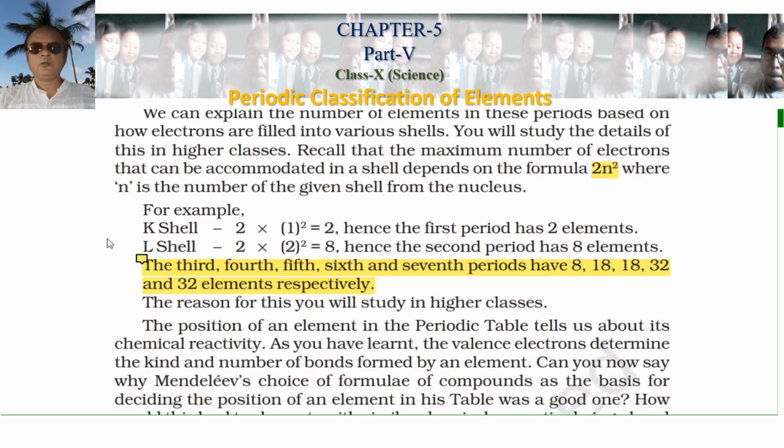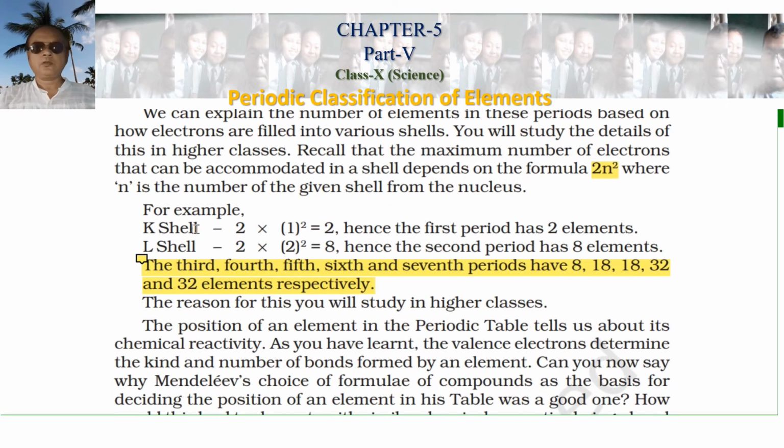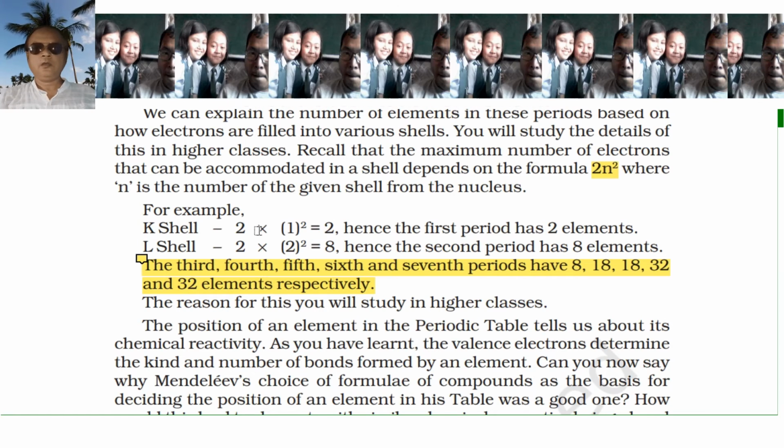For example, the K shell: K is 1, so n is equal to 1. 2n square, so 2 times 1 square, we have 2.